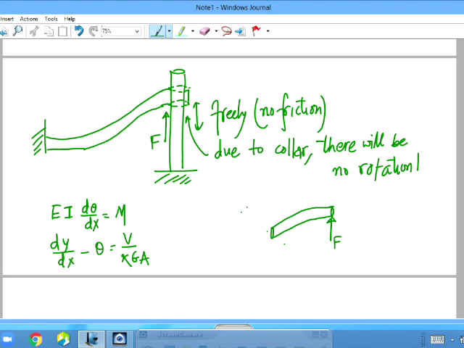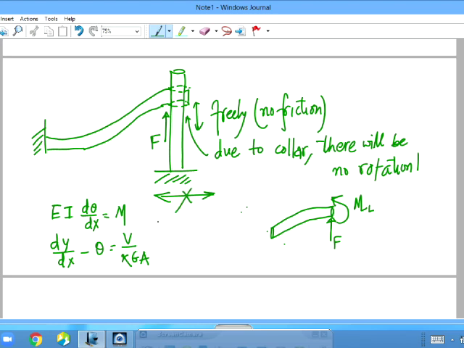Whenever there is no rotation, that means there has to be some reaction moment. You can recall the table. So there is a reaction moment which is an unknown. Let's call it ML, and that's an unknown. Likewise, there is no axial displacement allowed at this end, because it is adhered to the rigid pole, and this pole cannot move axially, isn't it?